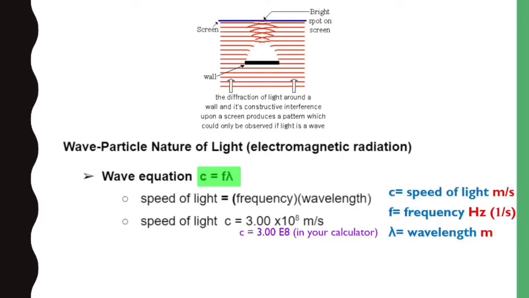And in your calculator, when you get to class, I'm going to show you how you can plug in these scientific notation numbers, substituting that times 10 raised to a power with an E. That's going to make all of our calculations turn out a lot better.